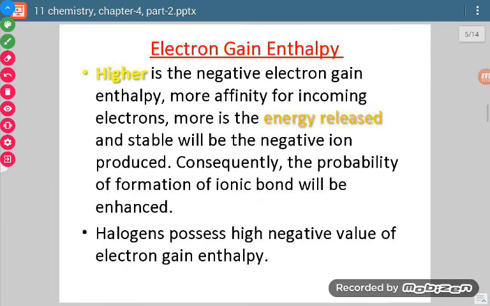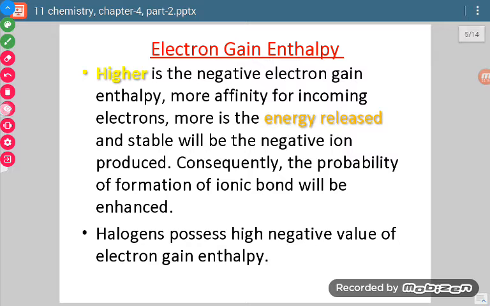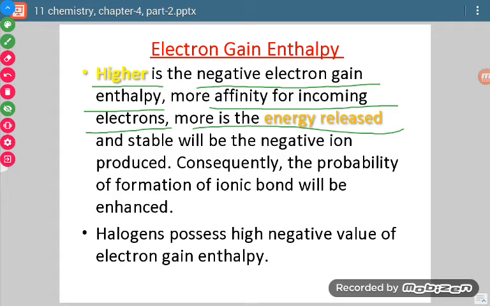Now second thing, electron gain enthalpy. See, the higher the negative electron gain enthalpy, the more affinity for incoming electron there will be, the more energy will be released, and the stability of the negative ion will be more. So electron gain enthalpy value should be highly negative.